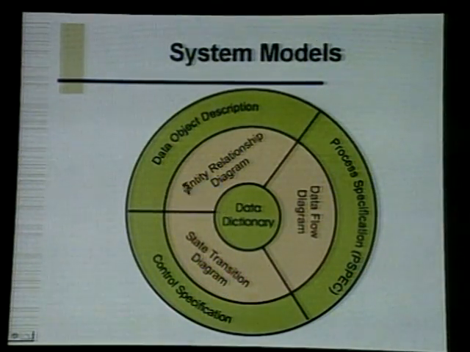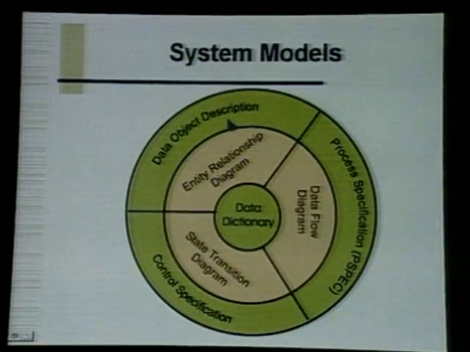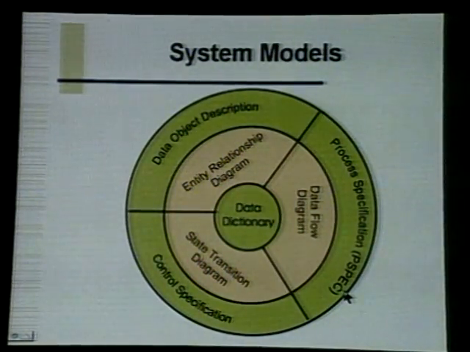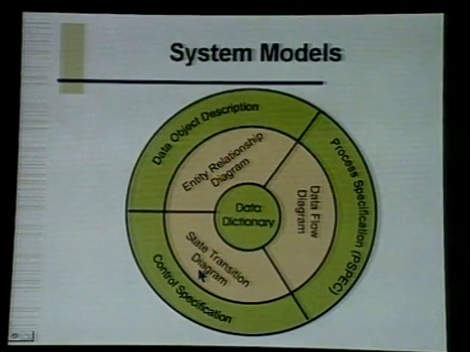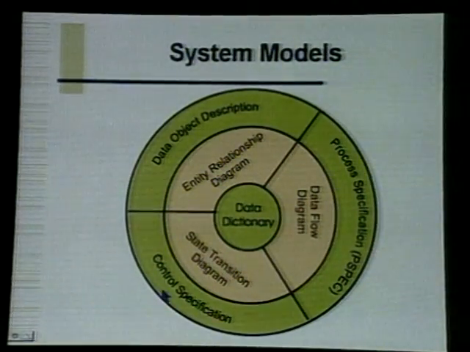Also note that when we do the data modeling, the analyst also writes down the data object description. Similarly, with the data flow diagrams, we have to write down the process specification or the P specs. And in the behavior modeling, we not only prepare the state transition diagrams, but we also write the control specification.